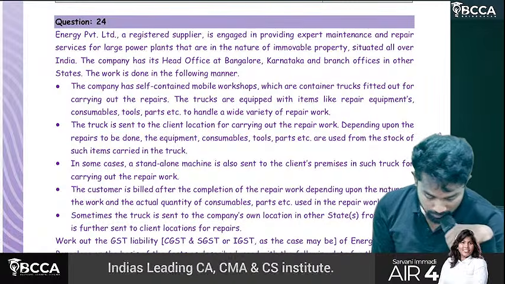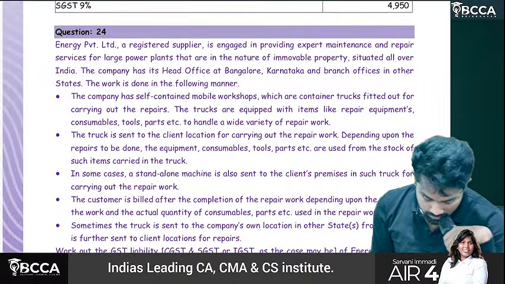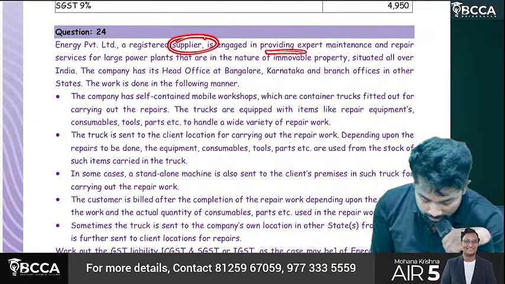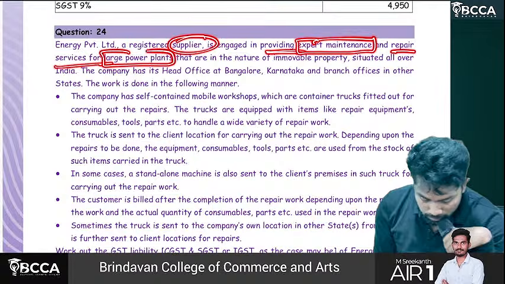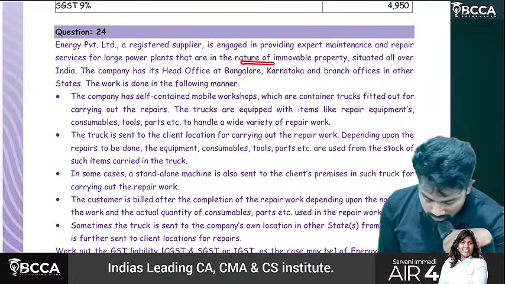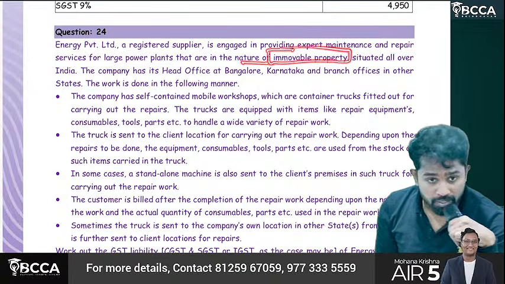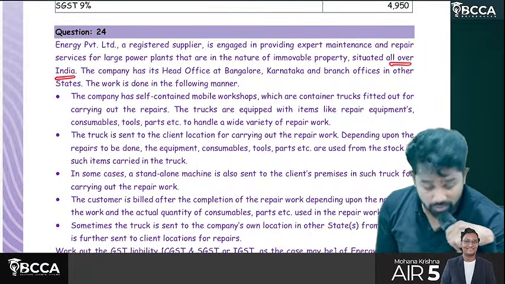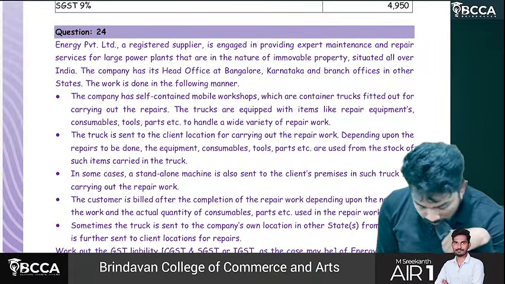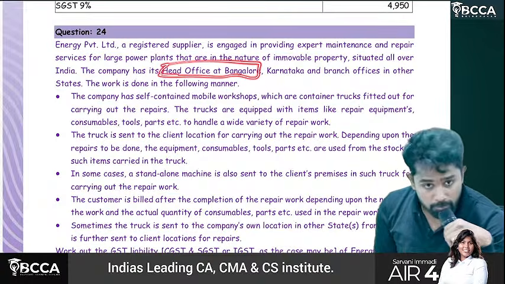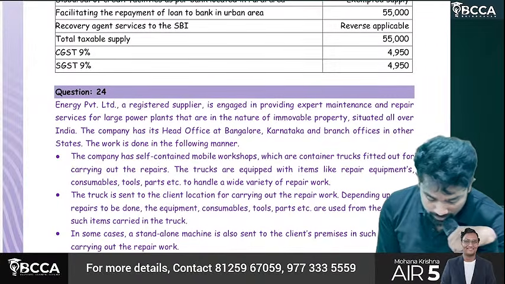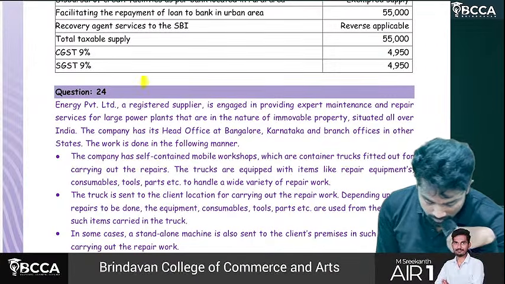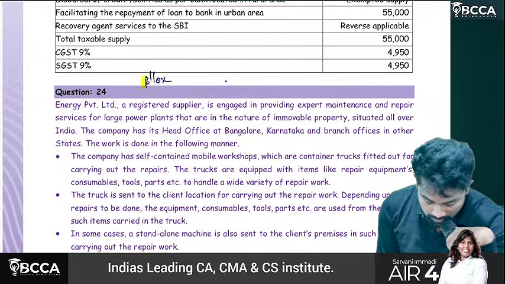Okay. So here, Energy Private Limited is a registered supplier engaged in providing expert maintenance and repair services for large power plants that are in the nature of immovable property, situated all over India. The company has its head office in Bangalore, Karnataka, and branch offices in other states.